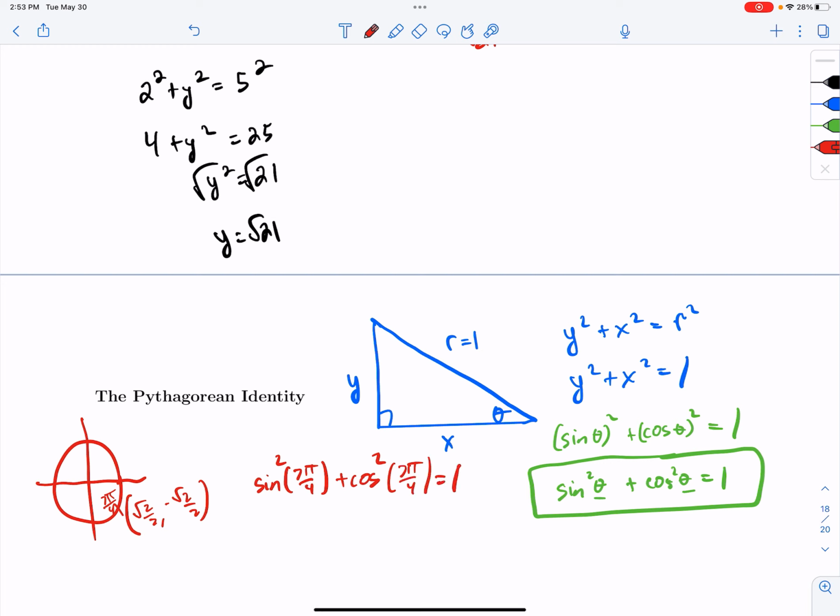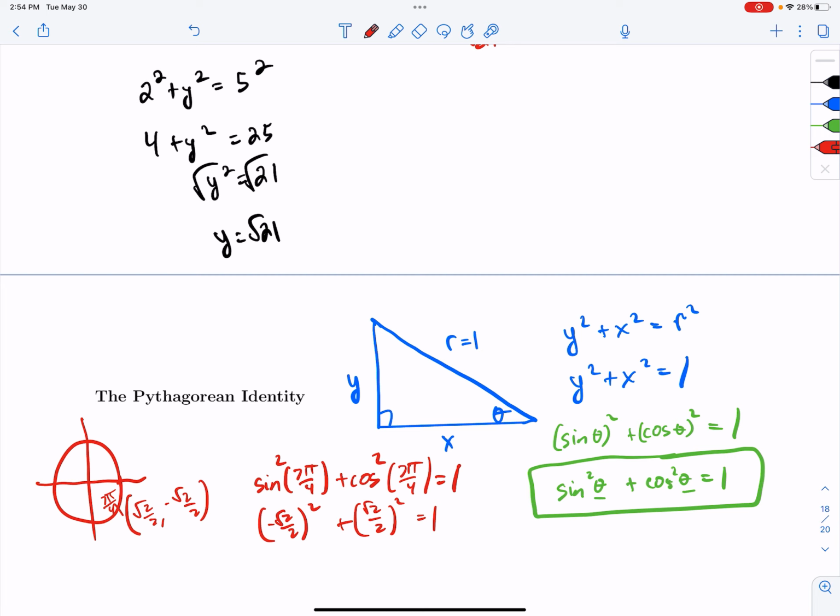And so let's verify that. Sine of 7 pi over 4, that's the y coordinate, so negative root 2 over 2, but I'm going to square that, plus cosine of 7 pi over 4, which is root 2 over 2, squared, and that's equal to 1. So negative root 2 over 2 squared, that just means I'm going to square the tops and the bottoms.